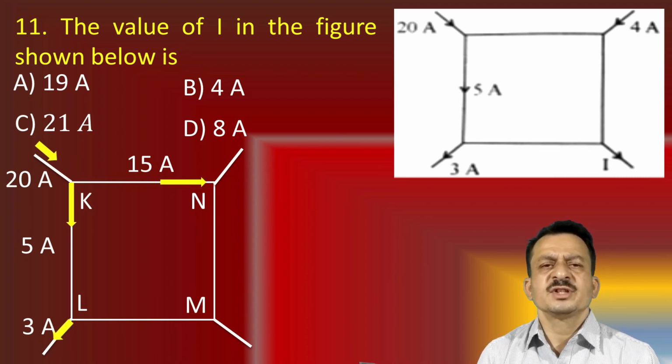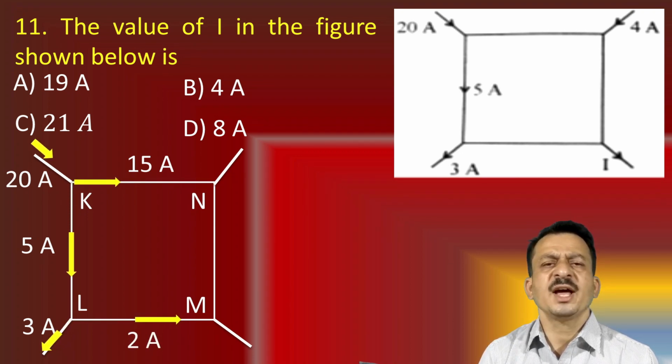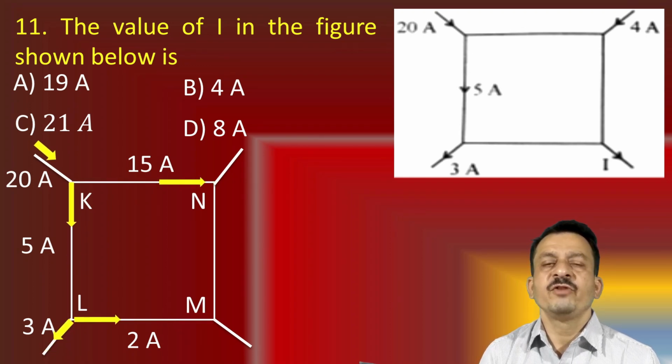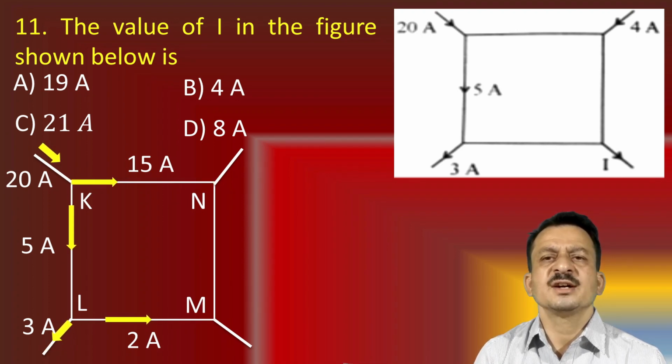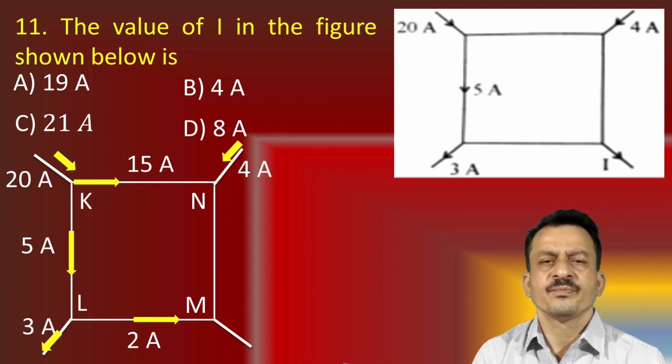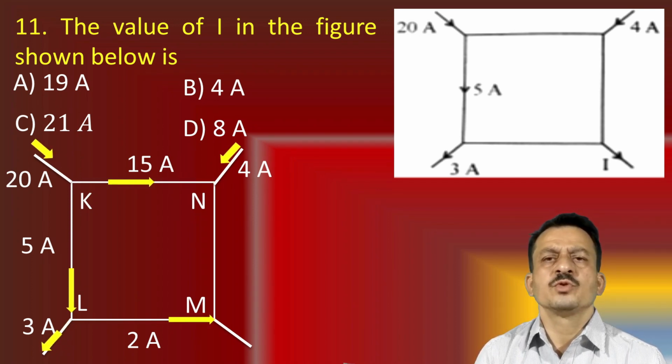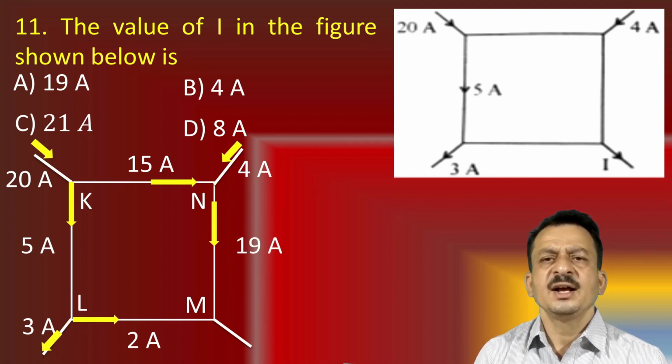So among the 5 amps, 3 amps is leaving, and therefore 2 amps of current is left out, moving towards the junction M. Now let me move on to the junction N. At the junction N, 15 amps of current is entering, and 4 amps is also entering. According to the junction rule, 15 plus 4, that is 19 amps, is leaving from the junction N towards M.